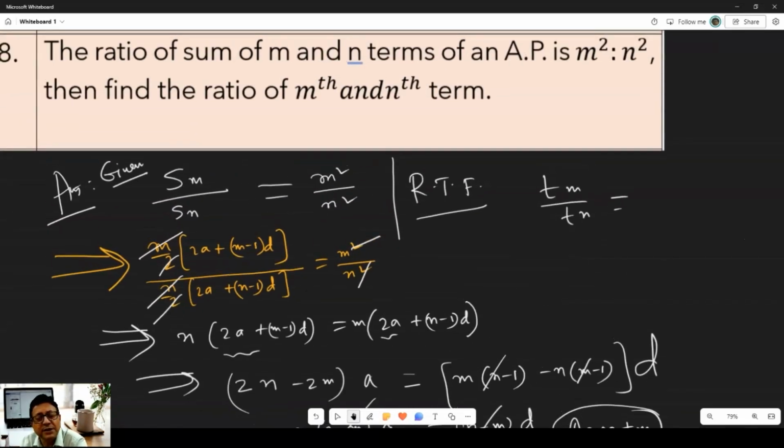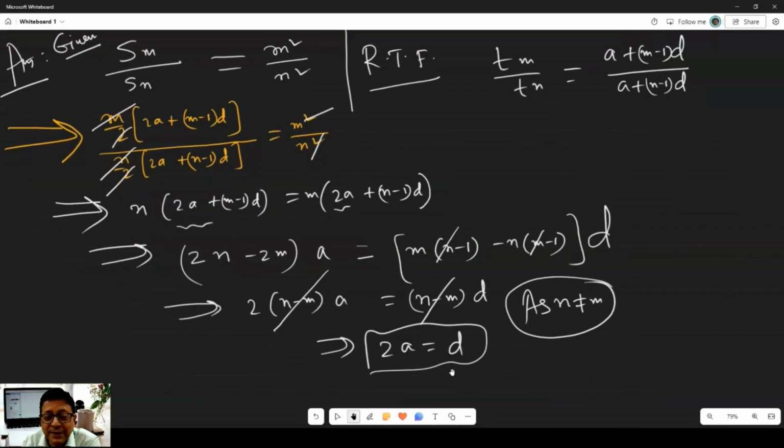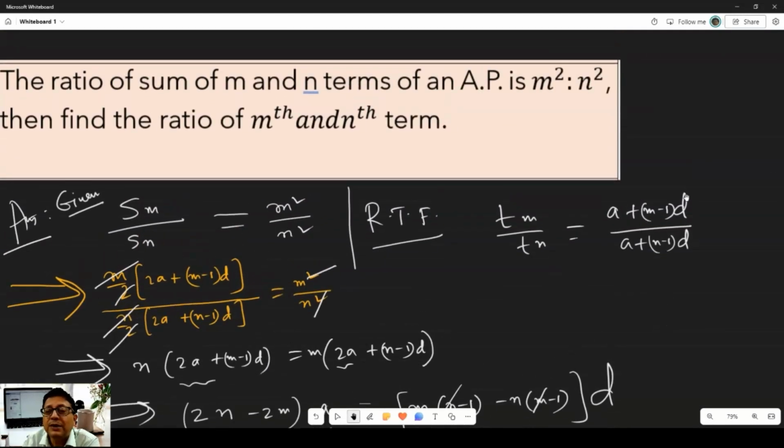Now finding Tm by Tn will be easier. Tm by Tn is what? It is a plus m minus 1 into d, over a plus n minus 1 into d. And you have expressed d in terms of 2a. So substitute there, d equal to 2a.